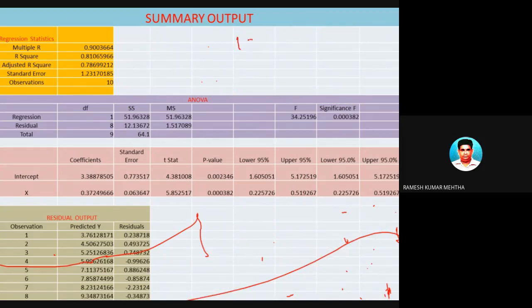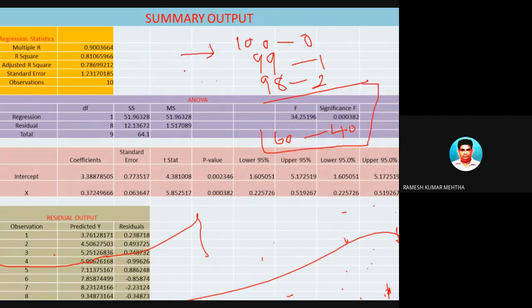So 100 people, 0 died; 99 people cured, 1% died; 98 people cured, 2 people died. It's okay. But if 60 people were cured and 40 people died, it's not good. So we will have a cutoff.